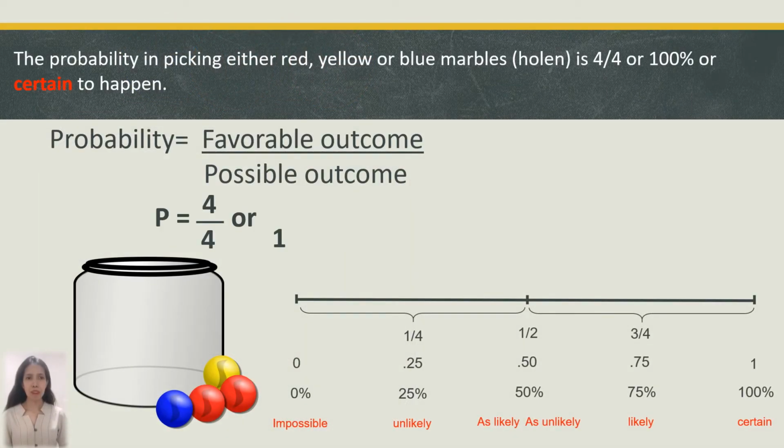The probability in picking either red, yellow, or blue marble is 4/4 or 100%, or certain to happen.